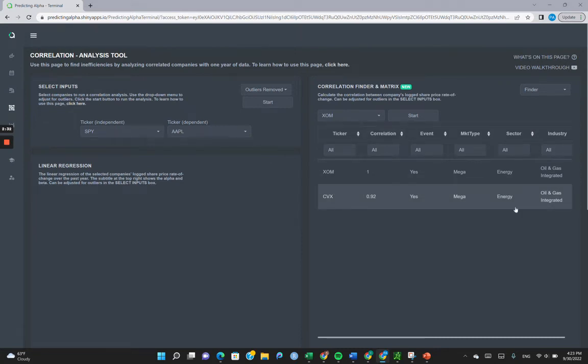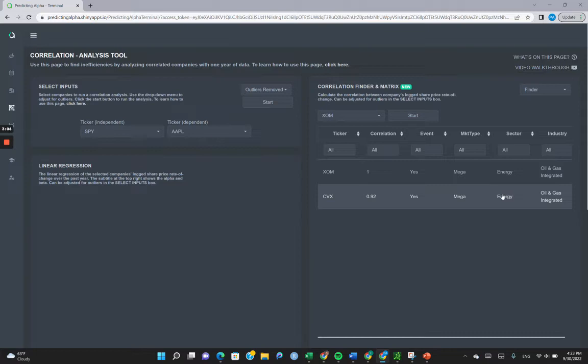For example, let's say we had two companies here and they were super correlated. Like a 0.92 is super correlated. But let's say this company was energy and this company was infotech. Well, now there's a little more skepticism with regards to how strong that correlation is, versus it just being an anomaly, because you want to see things on a fundamental perspective that make sense too.